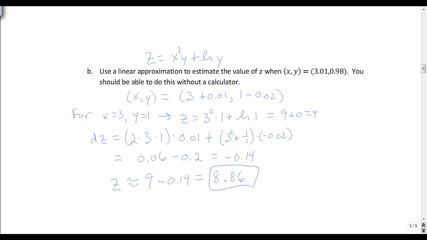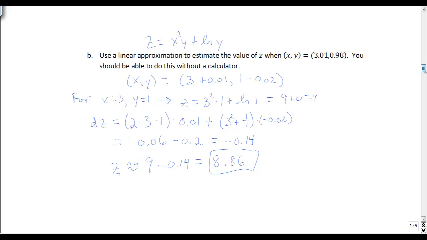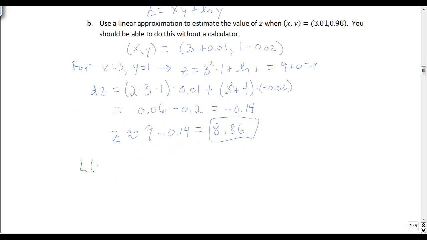I didn't really write out my linear approximation. I used the differential, which is really the same thing. If you wanted to write the linear approximation in x and y, you'd say it started at 9, and then I add 2 times 3 plus 1, that's 6, times x minus 3.